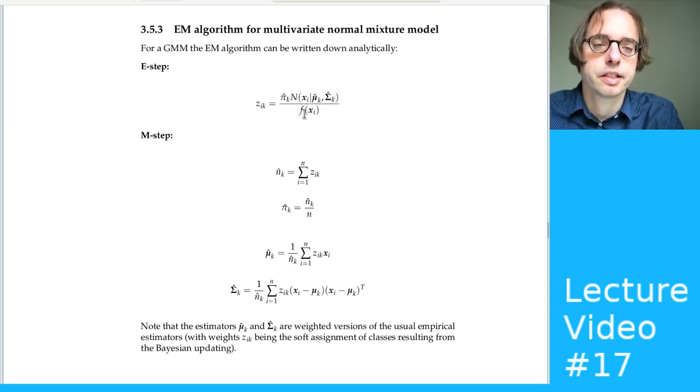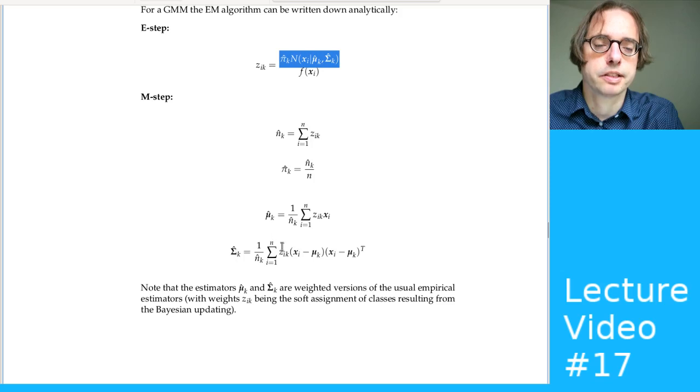So we have the mixture model here, and on top we have the probability of the component times the proportion of the components. So this is the joint distribution. And in the M step we get estimates for the parameters. So we get estimates for mu, the covariance, and so on. And you can see it's basically always a weighted mean.